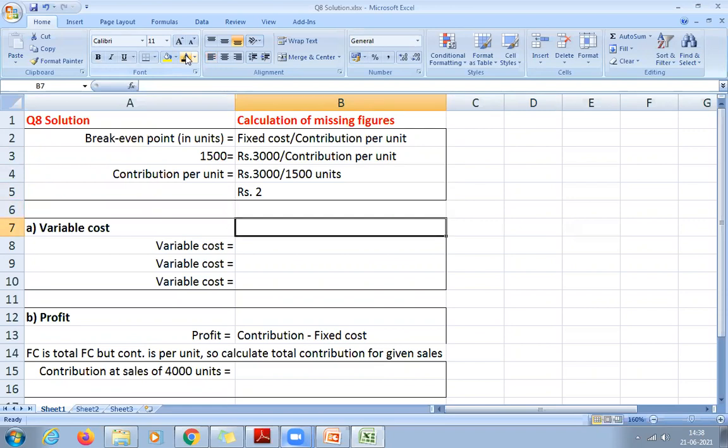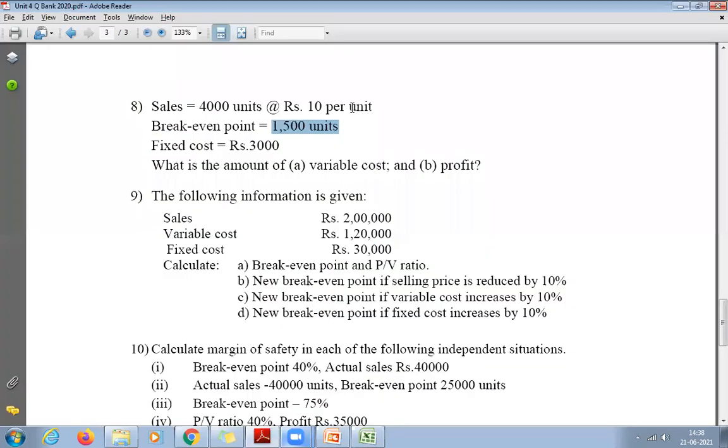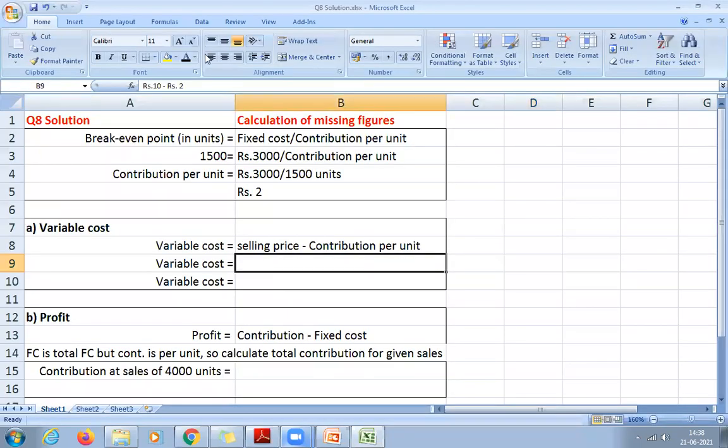Now I can calculate the variable cost. Sales minus variable cost is equal to contribution, so variable cost is sales minus contribution. The selling price per unit is given, 10 rupees. So 10 minus 2 is 8 per unit. A student asked whether the break-even point is 1,500 or 15,000.